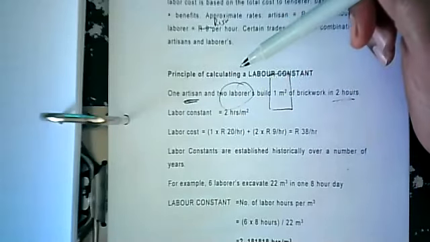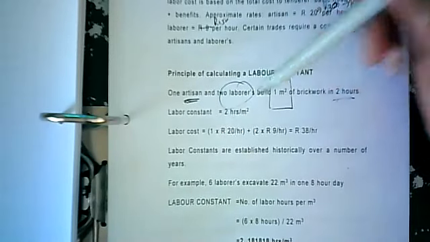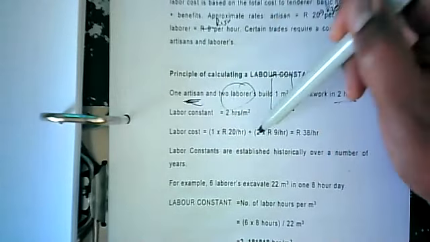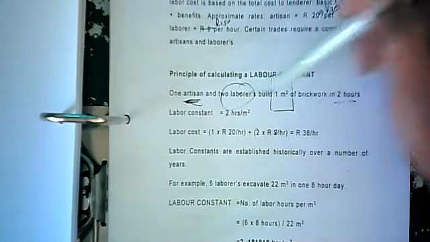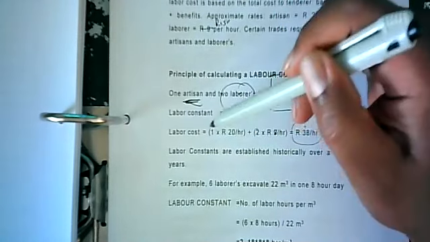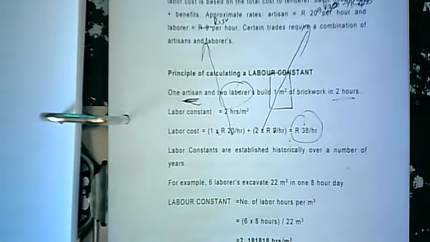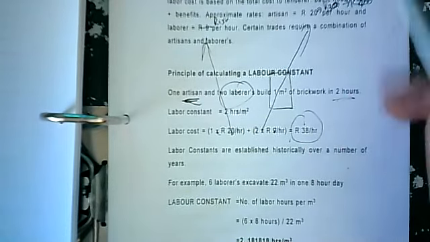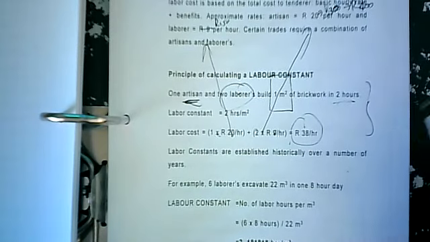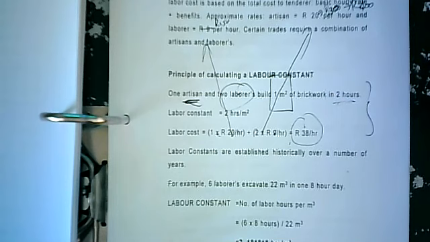What is the labor cost of that activity? 1 times your artisan and 2 times your laborers gives us the cost. Where did I get these numbers from? I got it from there, and I got it from there. All right. Now, this example is to give you an idea of how we arrive at costs per hour.